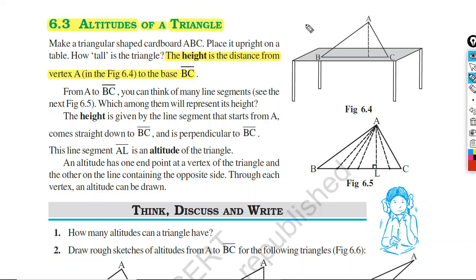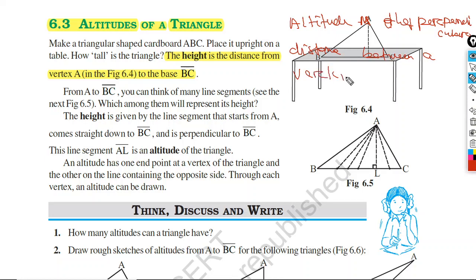Now what is altitude then? You can write, altitude is the perpendicular distance between a vertex and its opposite side.